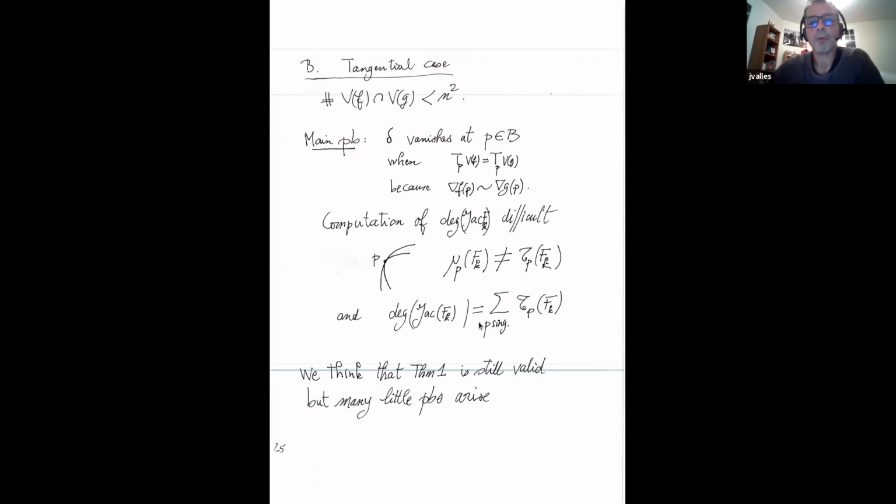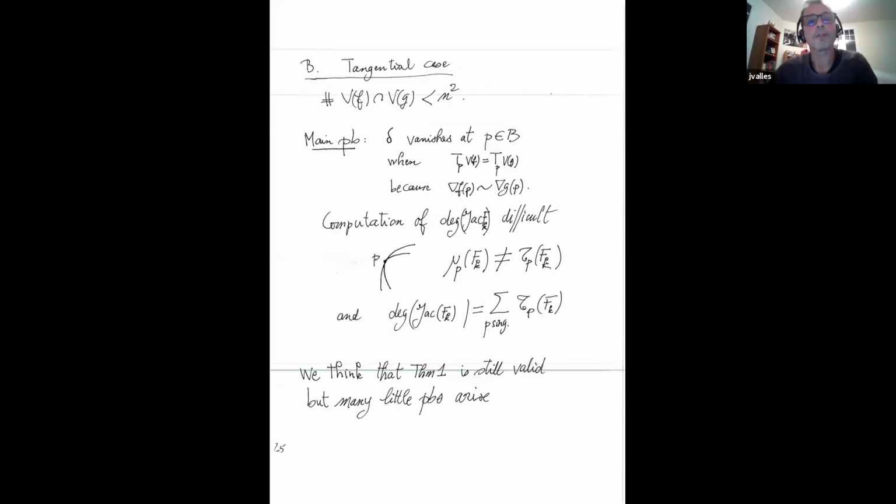So we think that the theorem should be valid, but since there are all these small difficulties, we believe that a new strategy is necessary. And actually, during the summer, I found a new strategy, and so now I have a complete proof, but with a different way to prove it. So I will explain it next day, not today. Sorry.